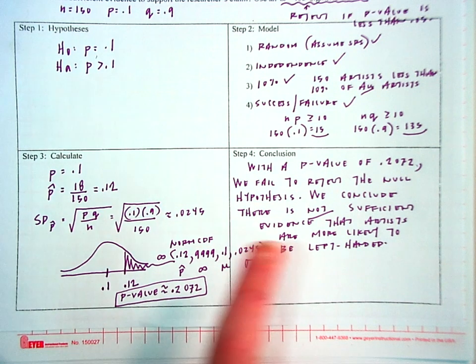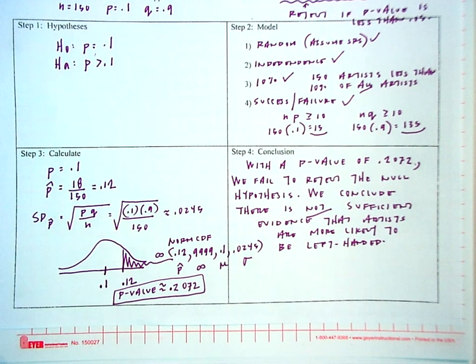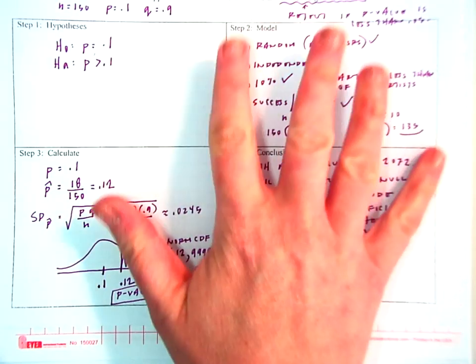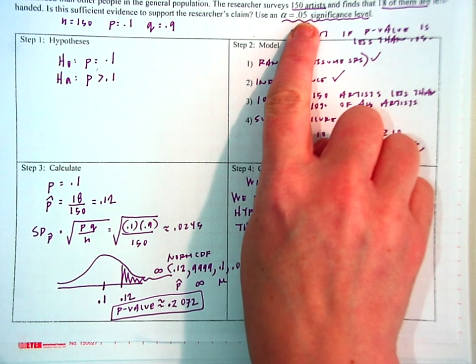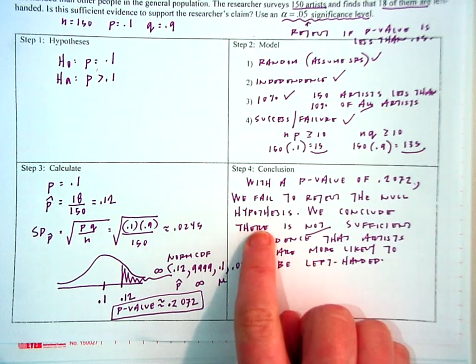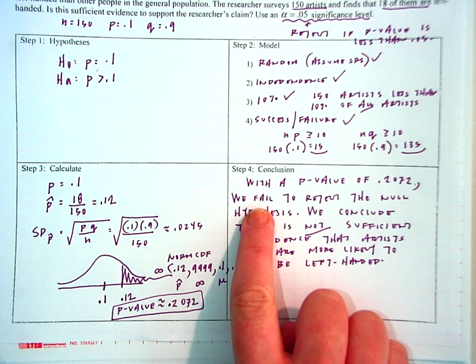So now we draw our conclusion. We're saying, okay, first and foremost, this is the probability of this playing out. My p-value is 0.2072. Since that is higher than the level that we set right here, that alpha level, that significance level of 0.05, we are going to fail to reject the null hypothesis.